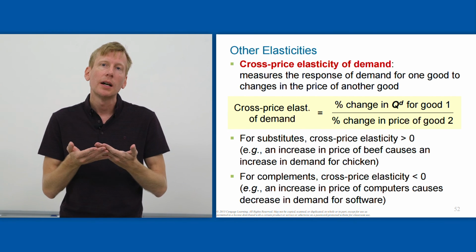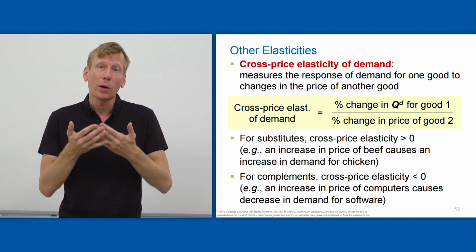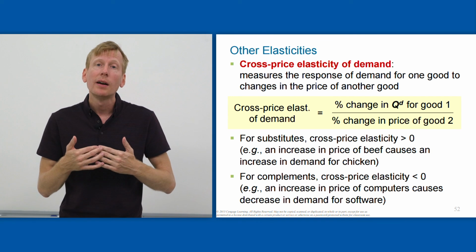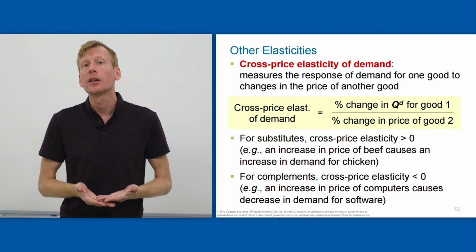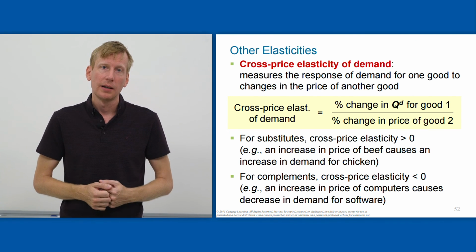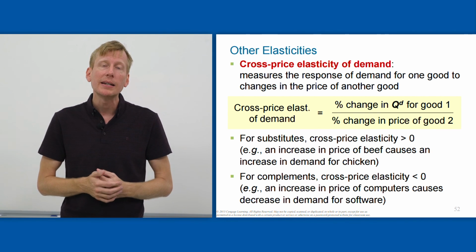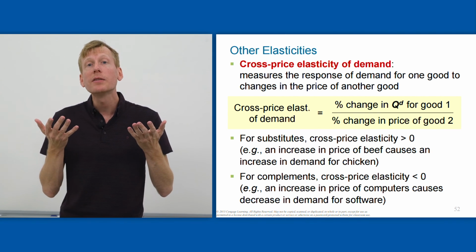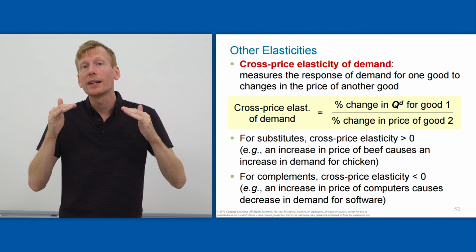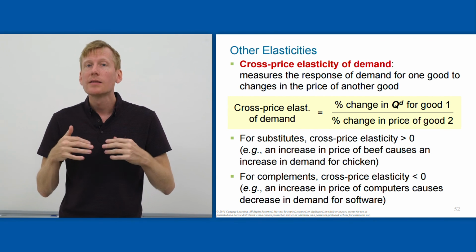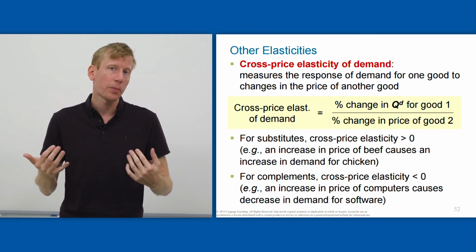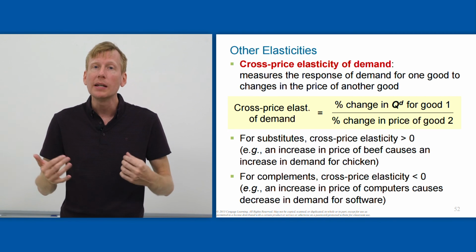On the other hand, if these goods are substitutes, we would expect to see an increase in the price of one cause a decrease in the quantity demanded for that good, but an increase in the demand for the substitute. For our classic case for substitutes, two different kinds of meat, as we increase the price of beef, we cause a decrease in the quantity demanded for beef, so we have a negative own price elasticity for beef.